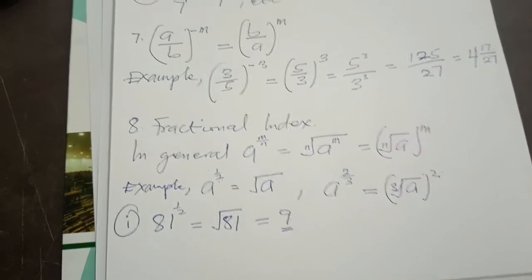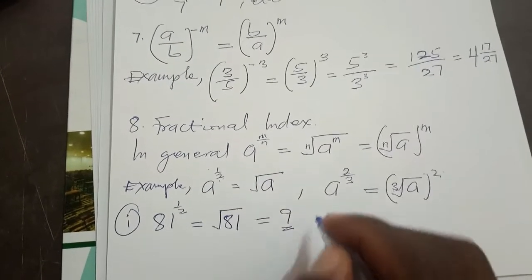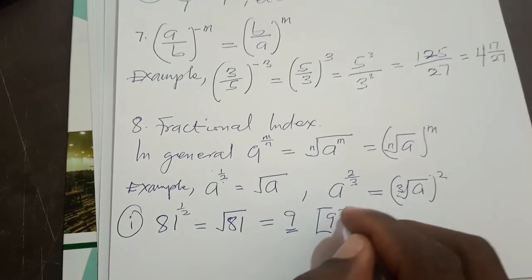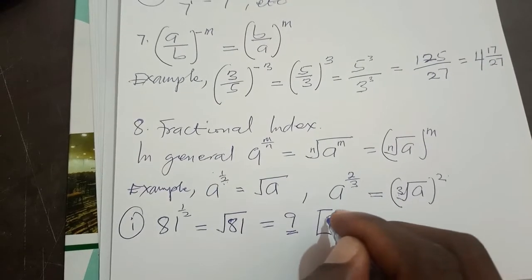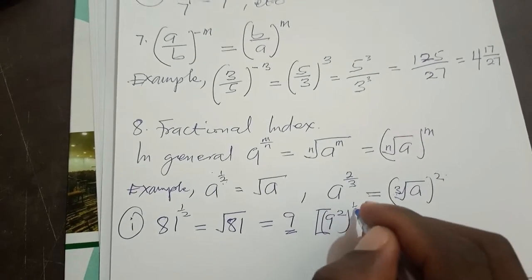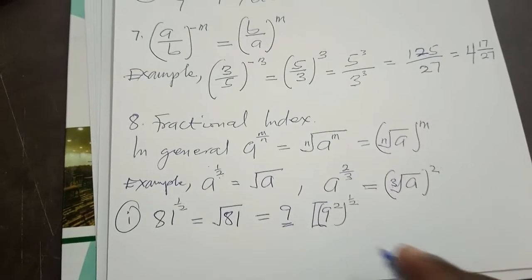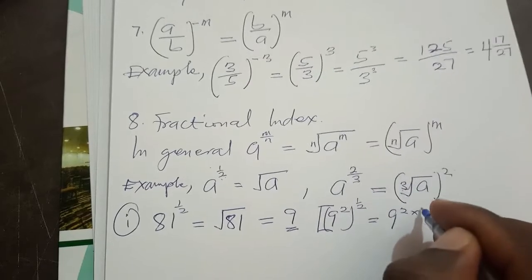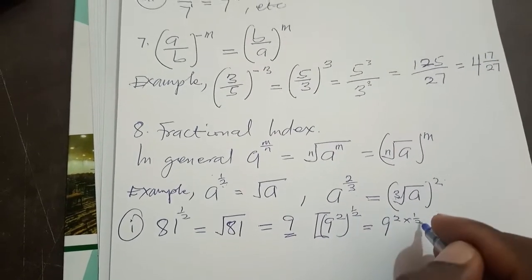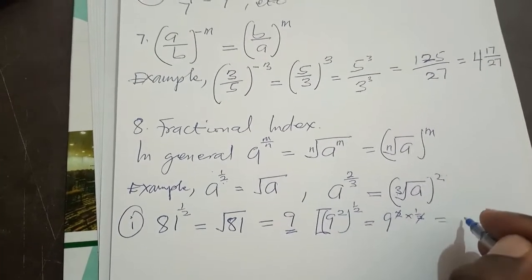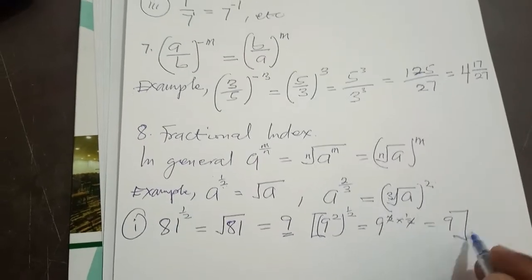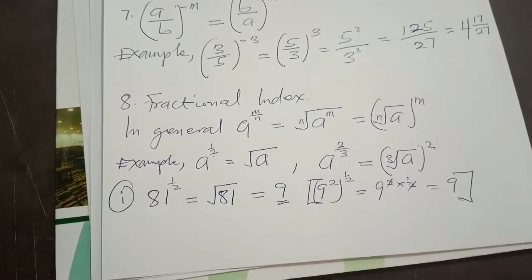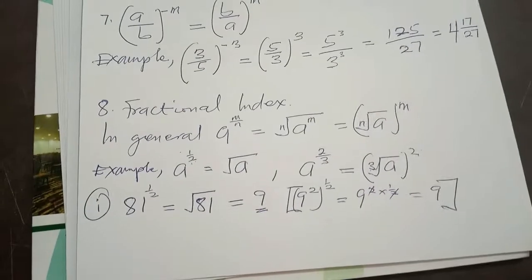If you want to break it down properly, 81 is 9 squared, and the whole of this 9 squared is having an exponent of 1/2, which we did earlier, meaning that this will be 9 to the power 2 times 1/2. So this one will cancel this, and it will give us our 9, which is the same as the 9 we got here. Technically that is what it means.